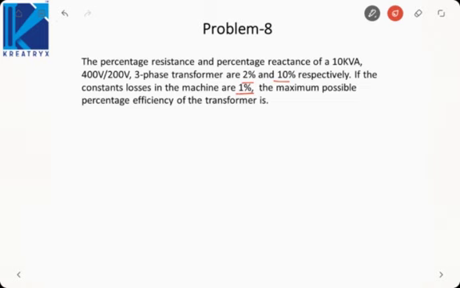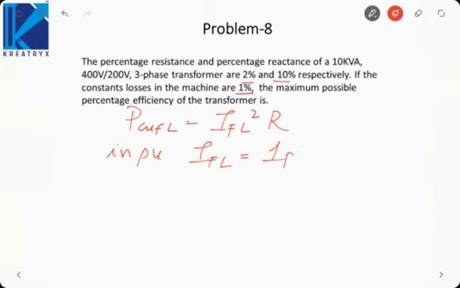Now we know copper losses at full load is I full load square into R. Okay. If we take in terms of per unit, I full load will always be 1 per unit, because per unit values are derived after dividing by the full load or the rated values.